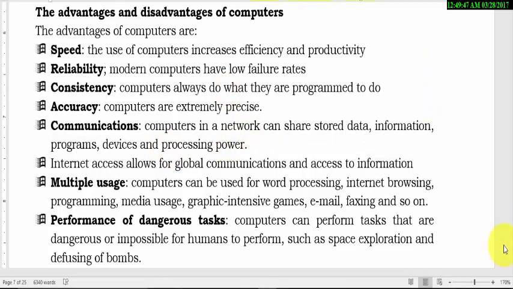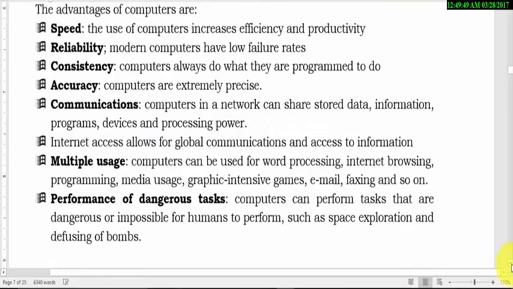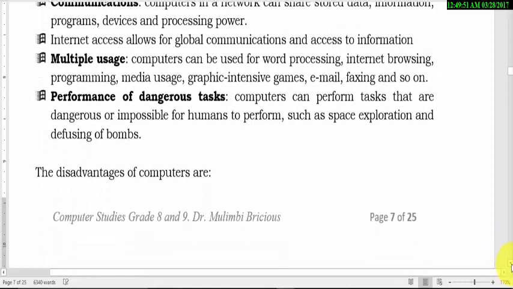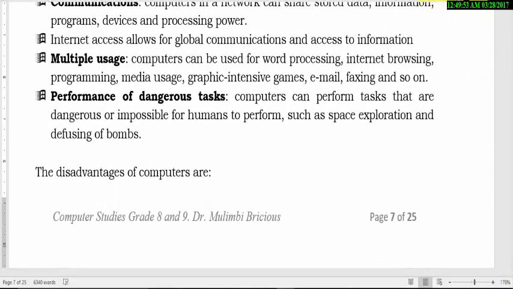Okay? Let's scroll the page, students, again. We look at the other advantages of a computer. The other advantage is internet access. Internet access allows for global communication.